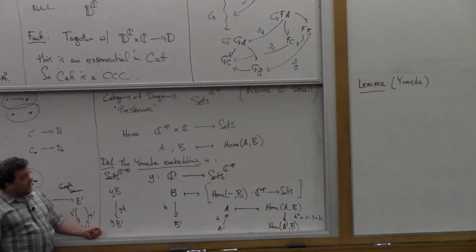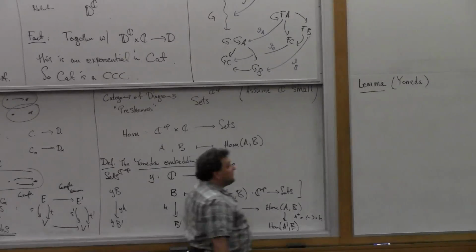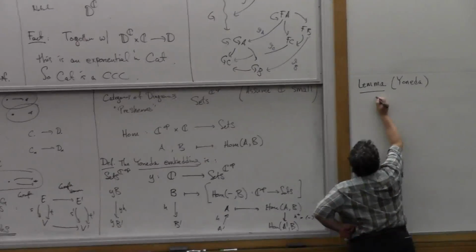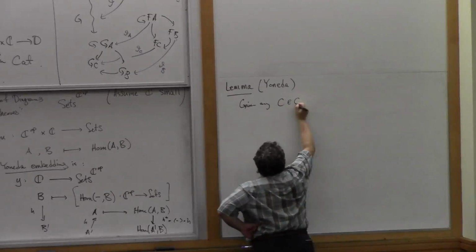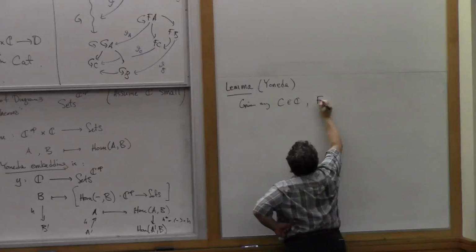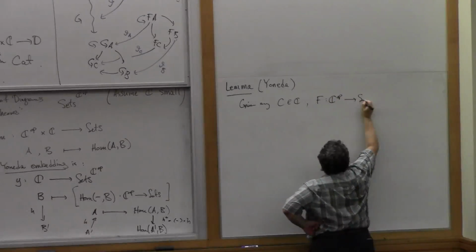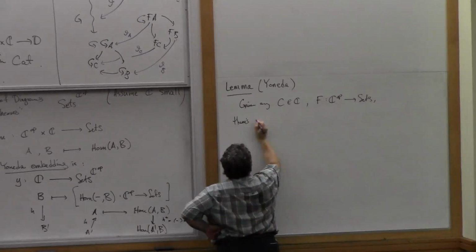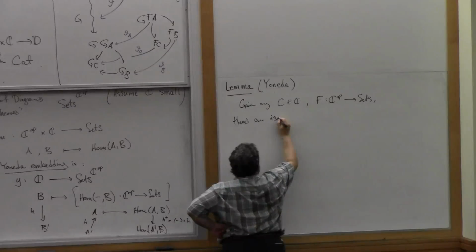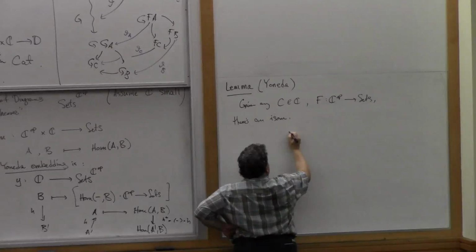And the Yoneda lemma tells us that this is a very good representation. And that's what we're about to see. So the statement of the Yoneda lemma is this: given any C in the category C and any functor F in the functor category, there's an isomorphism of the following form.